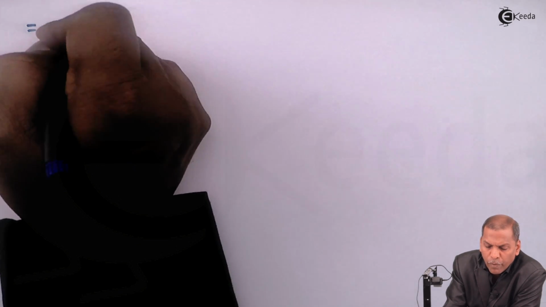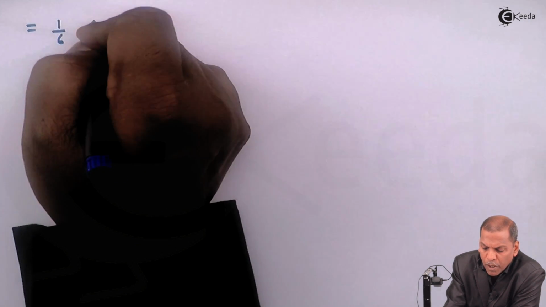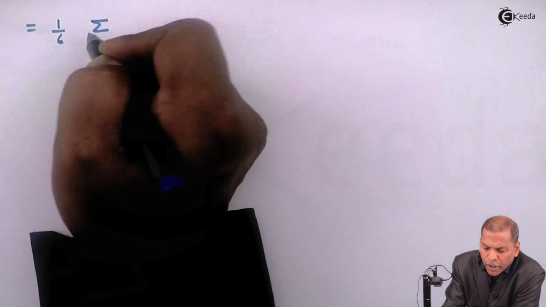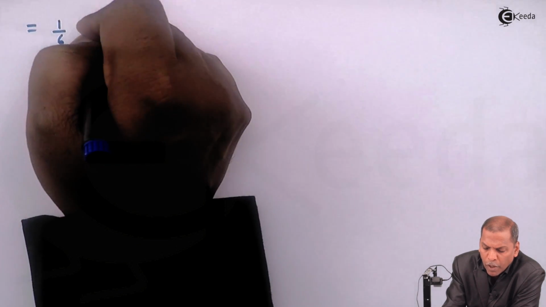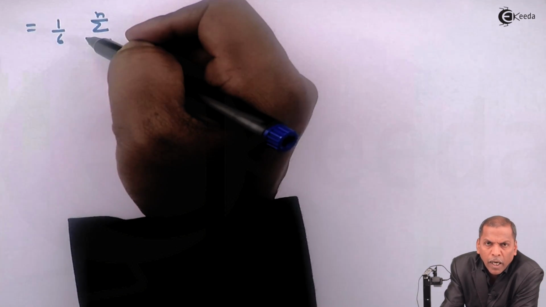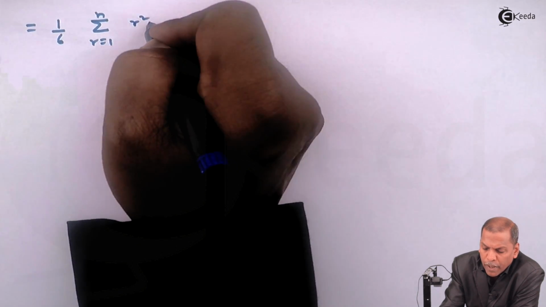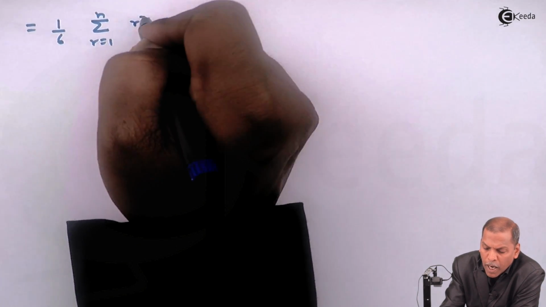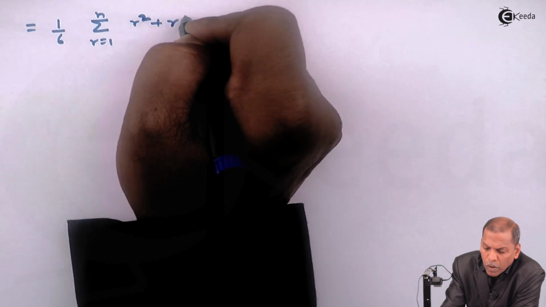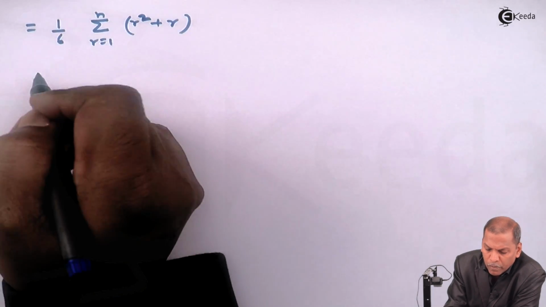So the next step will be is equal to, we take constant term 1 by 6 outside the summation sign, so 1 upon 6 into summation r takes value 1 to n, then we open the bracket, so that gives r square plus r, bracket complete.